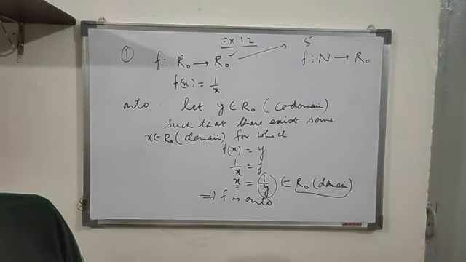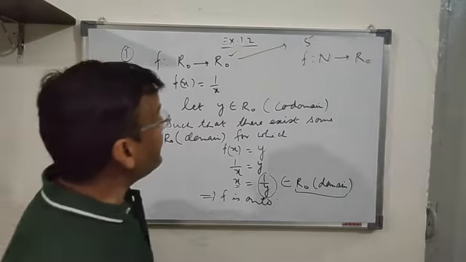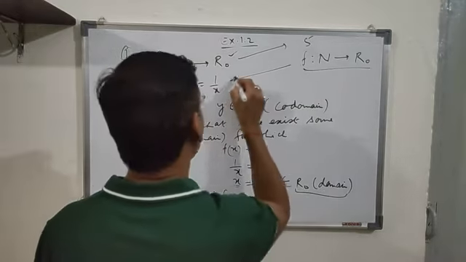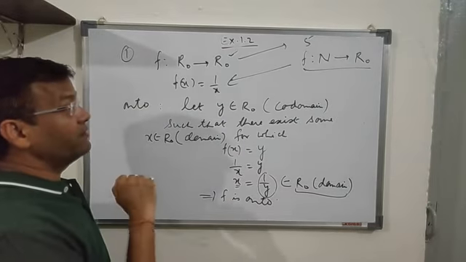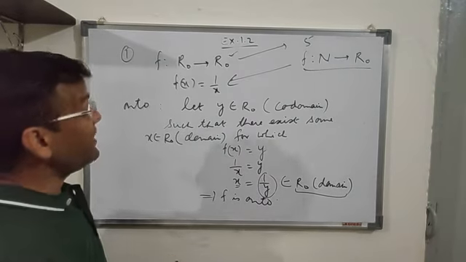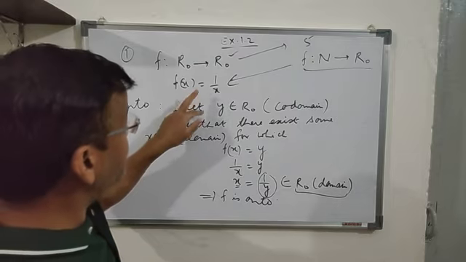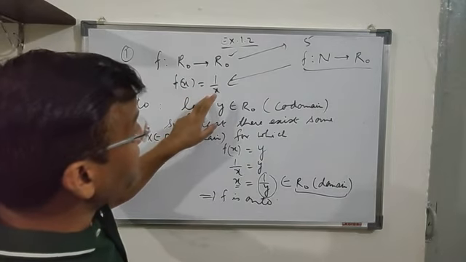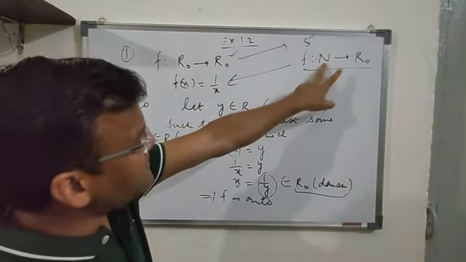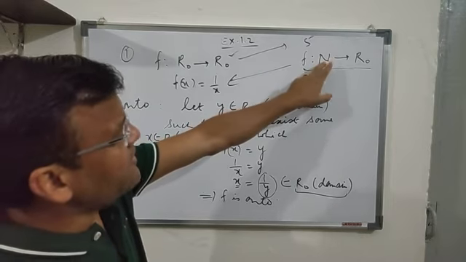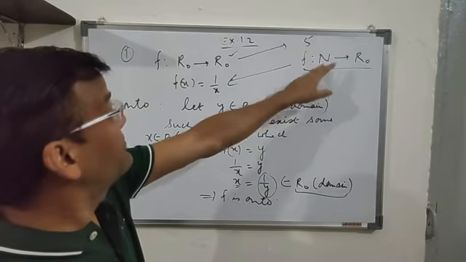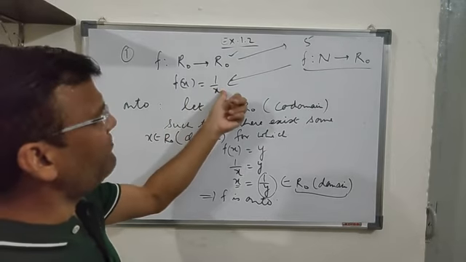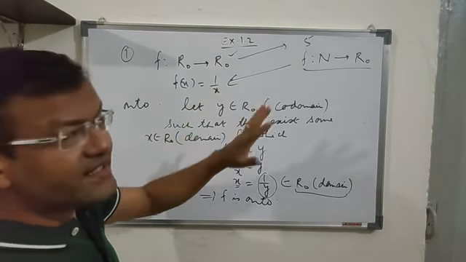If the definition is the same, is it a 1-1 function or not? If I take 5, the value is 1 upon 5; 6 gives 1 upon 6. Yes, it is a 1-1 function.